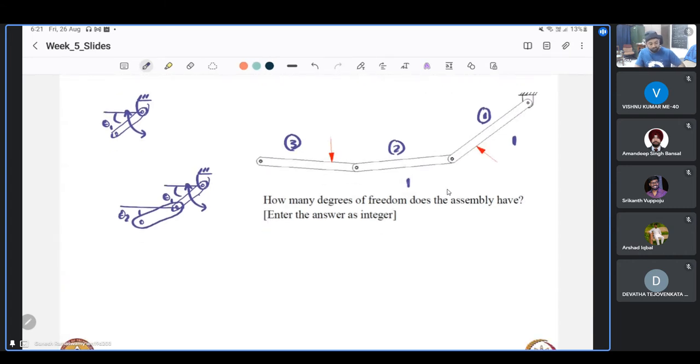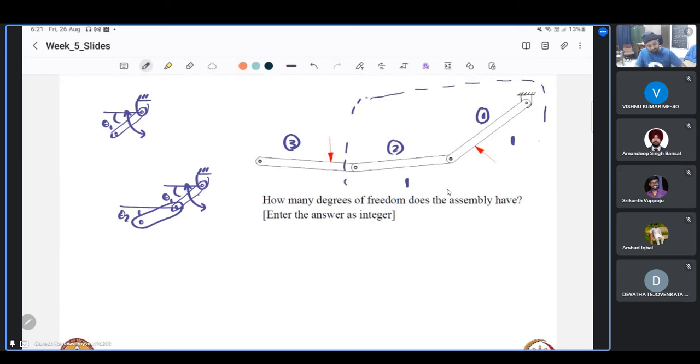And likewise, by similar arguments, once we fix this entire system and just look at the third link, that will have another theta 3 with respect to this. So that also has 1 degree of freedom. So if we count it out, there are a total of 3 degrees of freedom for this system.